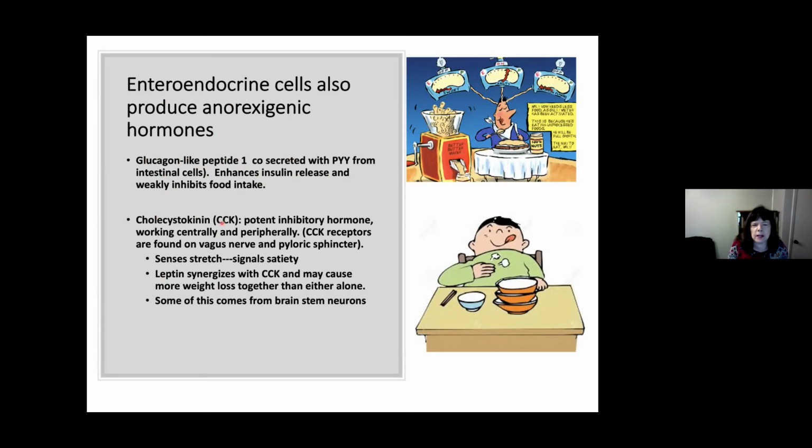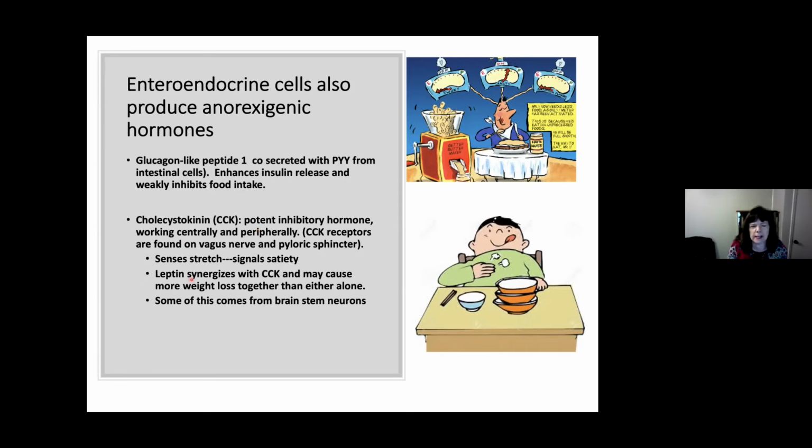And the interesting thing about CCK, I already told you that it stimulates the liver to produce bile, but it also will signal satiety by sensing the stretch on your stomach. And so stretch receptors on your stomach will say, man, I'm full. And CCK is one of the signaling devices for that.